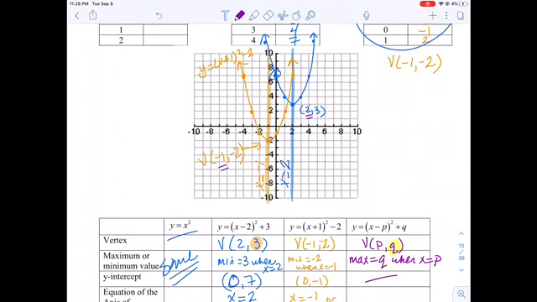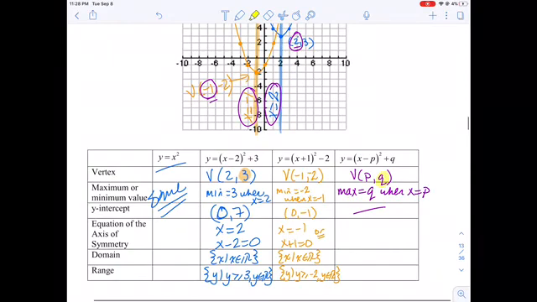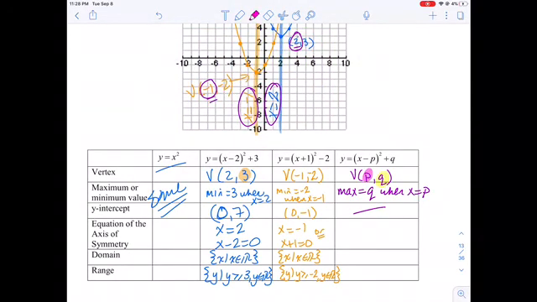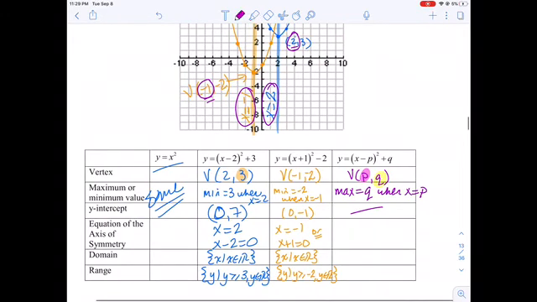Here the equation of the axis of symmetry was x equals -1, and here it was x equals 2. So it's the p value of our vertex. So we would say x is equal to p, or x minus p equals 0.